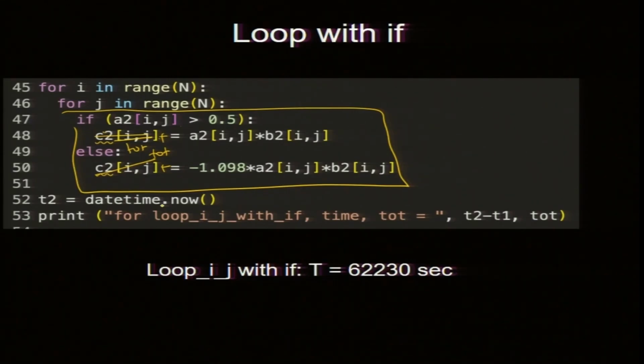So, I am incrementing total when A i j is greater than half. By the way, these numbers are all random numbers between 0 and 1. So, if it is greater than 0.5 then you do something, if it is less than 0.5 do something else, and I just multiplied by some numbers.